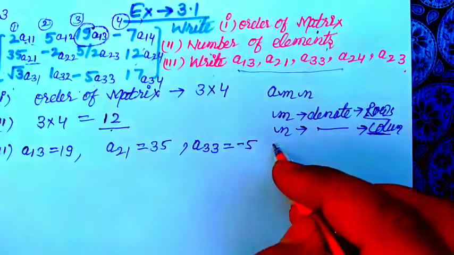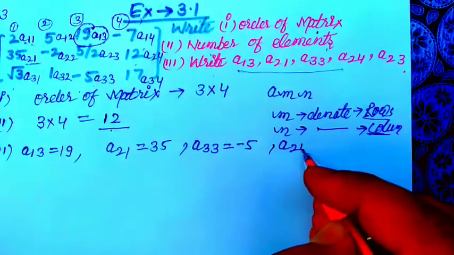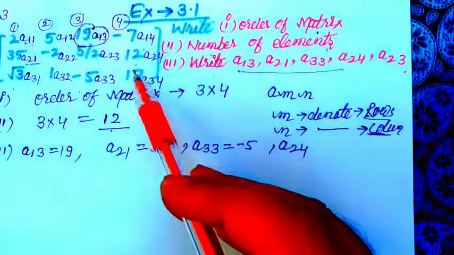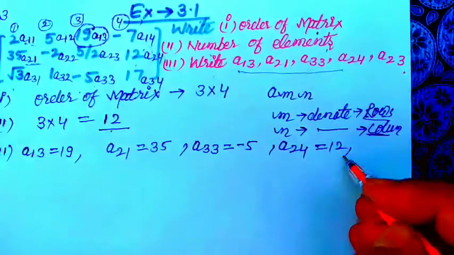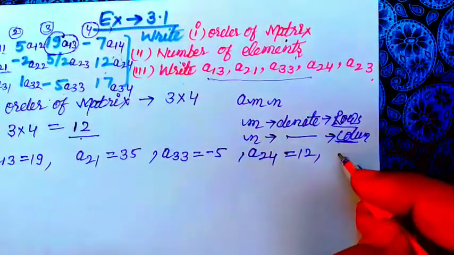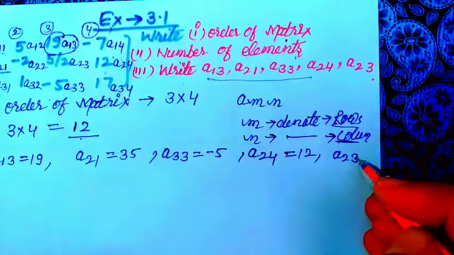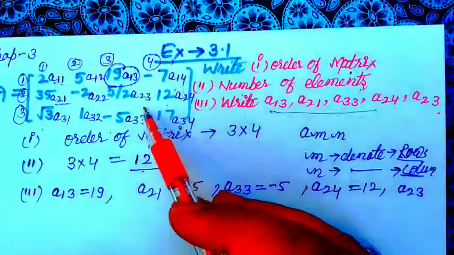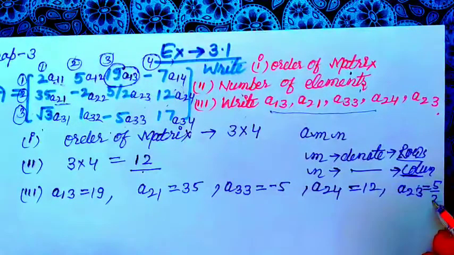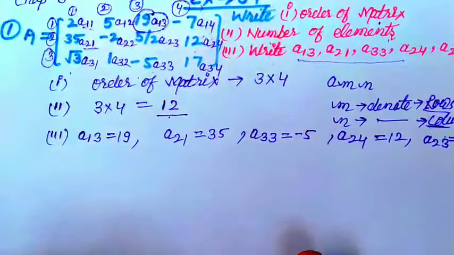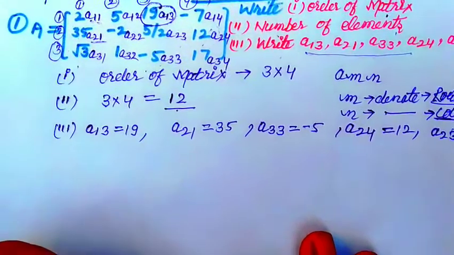And next, second row fourth column, we have 12 here. And the last one is second row third column, we have 5/2. So that is question number 1 done.